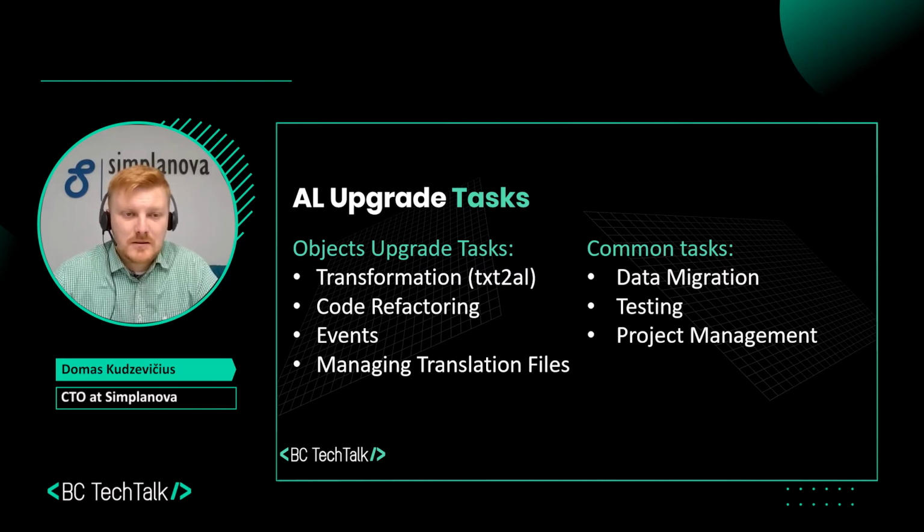The next part is events. So it relates to the standard objects and the code changes of the standard objects. So if you haven't done that in the CIL, then it means that it's probably time to do that in the AL.